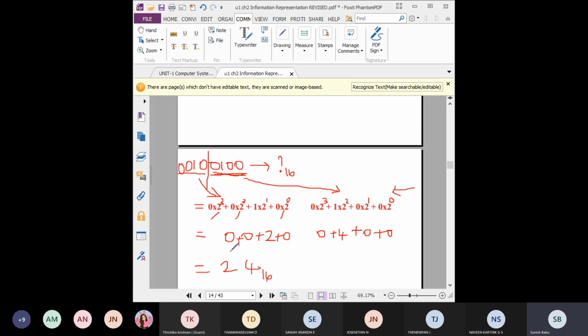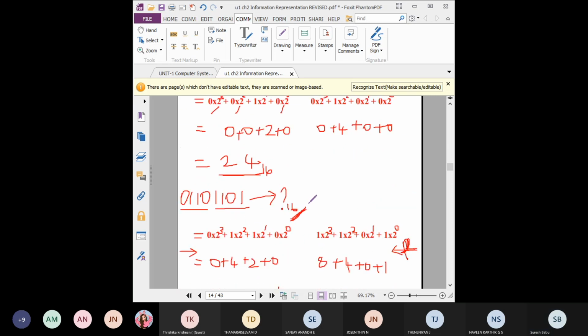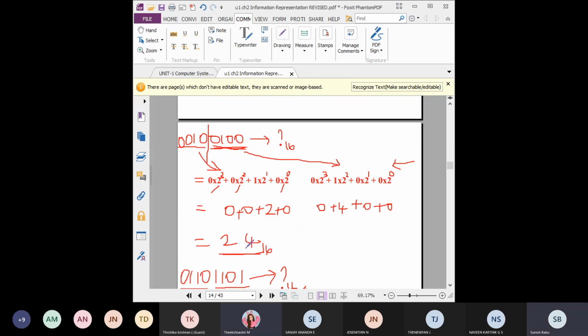You will get the final answer 2 4. Students, understood? Everyone? Yes, sir. Yes, 2 4. For decimal only you call it as 24 or 48 something. For all other methods you have to pronounce each number individually.